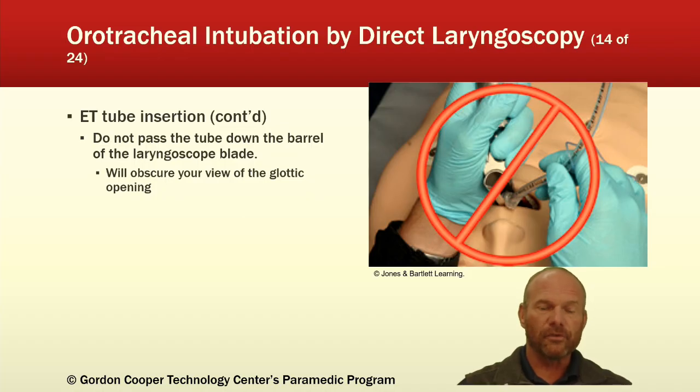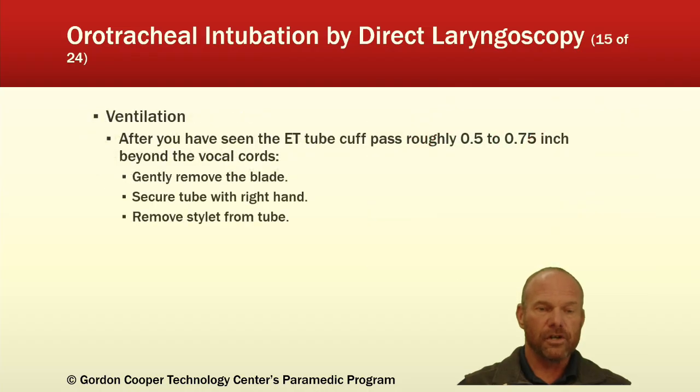There are several consequences of doing that. One is you obscure your view of the glottic opening, and that makes proper placement of the ET tube more difficult as well. So just use everything properly, the way that you're trained, the way that you're taught, and you should be good to go. So then ventilation, steps after the tube placement.